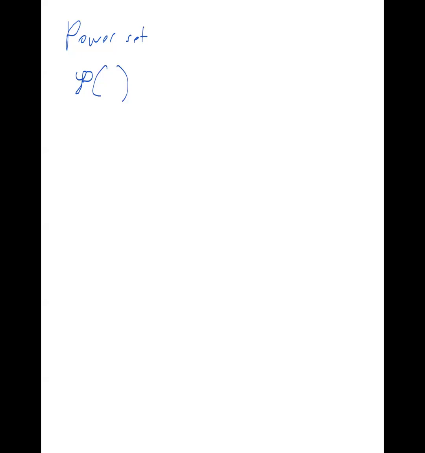It's not exactly the way the book does, but the P of a set A is equal to the set containing all possible subsets of A. So I'm going to give you an example.